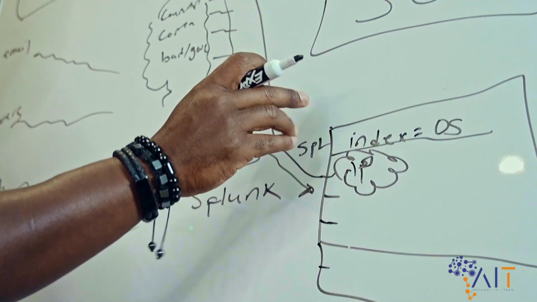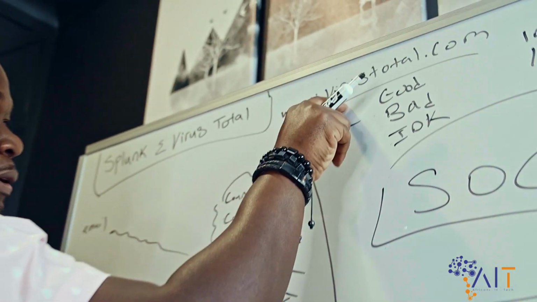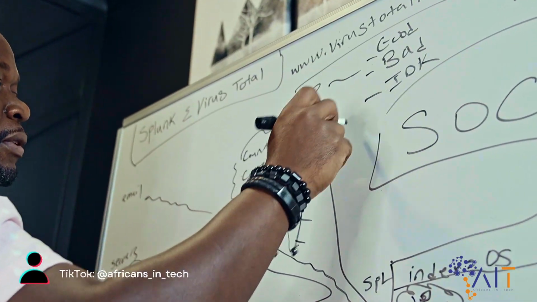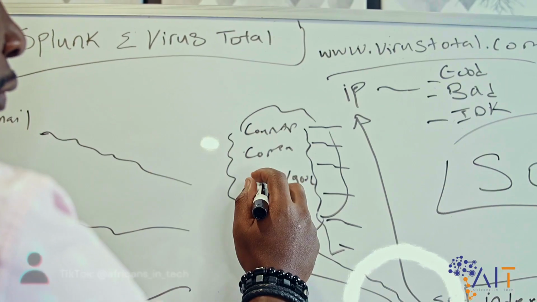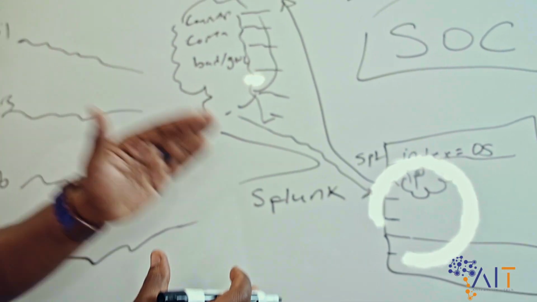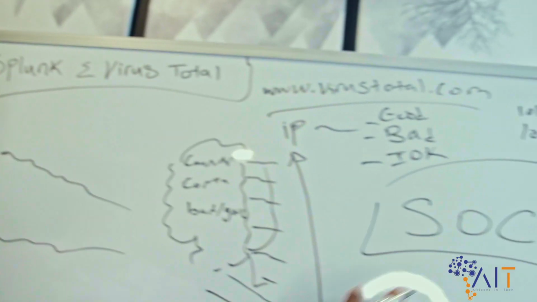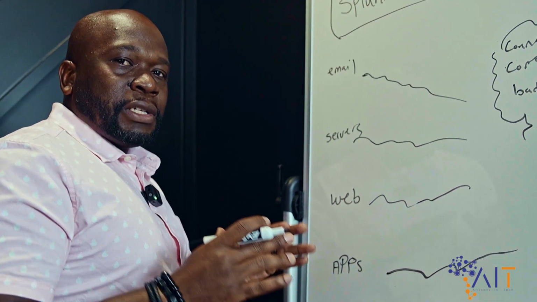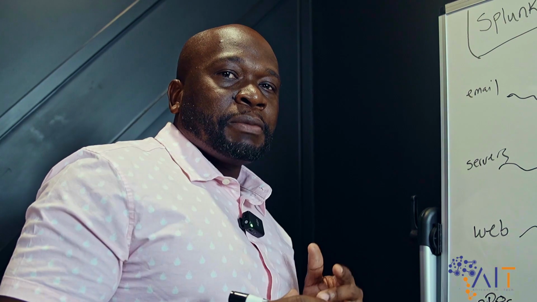From that standpoint, we want the user to be able to click that IP, automatically open up VirusTotal and drop that IP in, and for it to tell us whether it's good, bad, or indifferent, who owns it, and where it's coming from. Then we want this information to get back into Splunk, so you can build a trend analysis of that IP and what it's doing. That's the microcosm of what's happening here. There are a lot more nuanced details we can get into, but it's a quick overview of how Splunk integrates with VirusTotal.